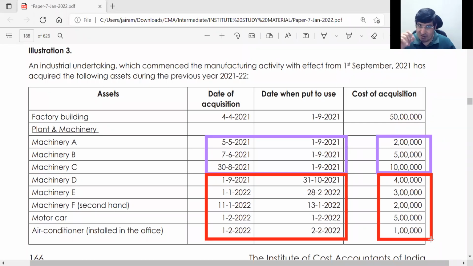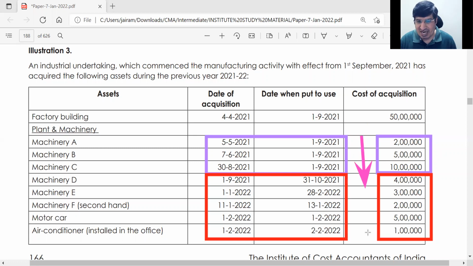But for the format we have to write, we will make the whole thing one single block. What you will do here is, first thing is opening WDV, and then you will write purchase, right?